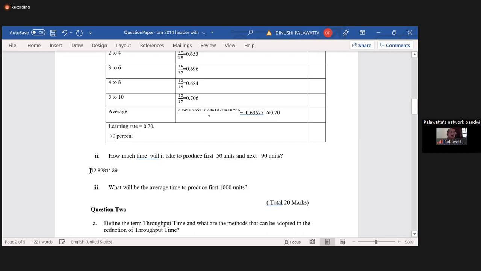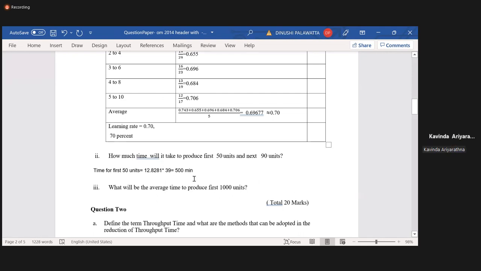So then time for first 50 units equals, you can use the calculator, 12.8281 multiplied by 39. We get 500 minutes.